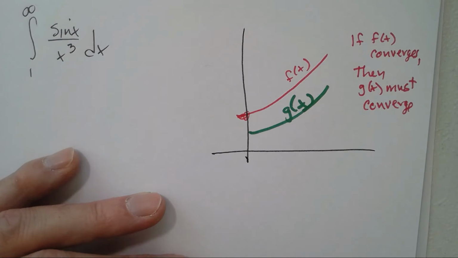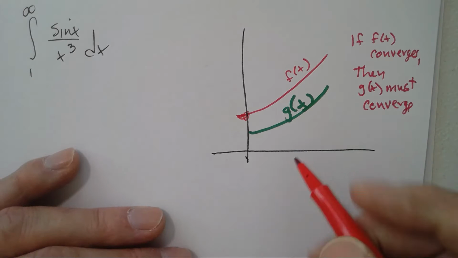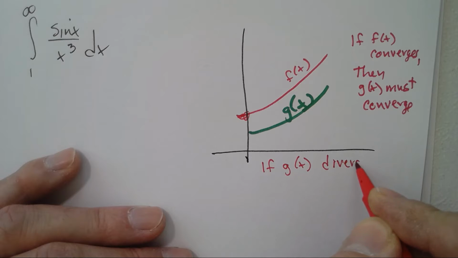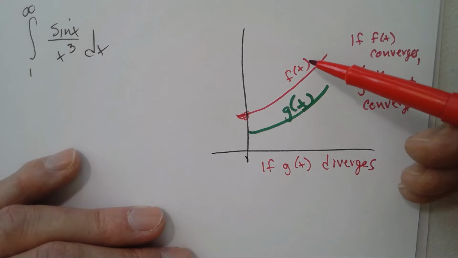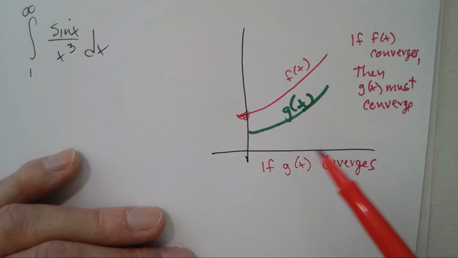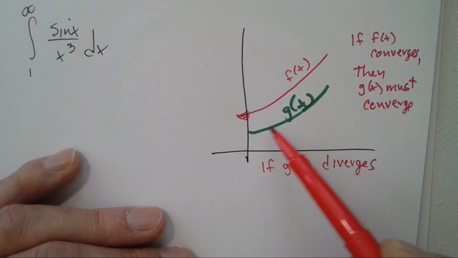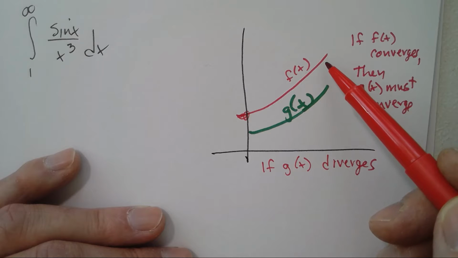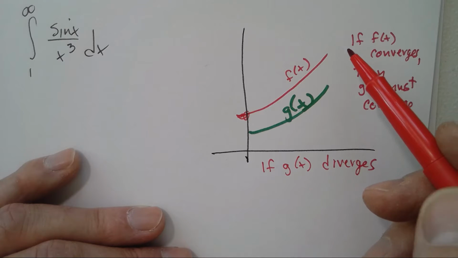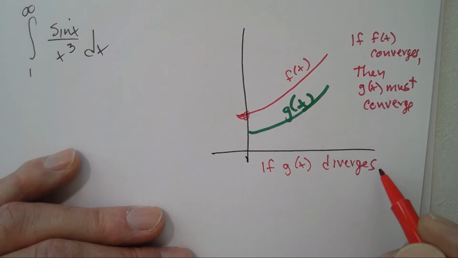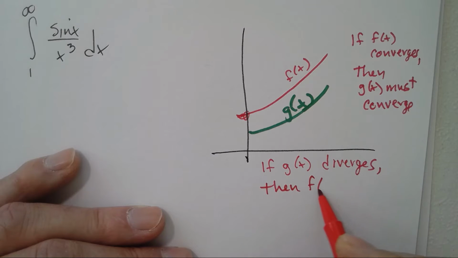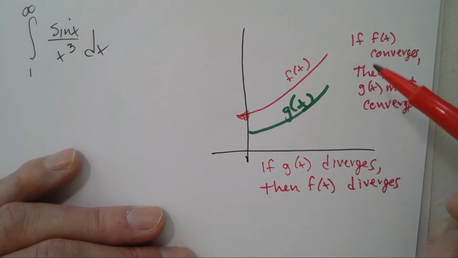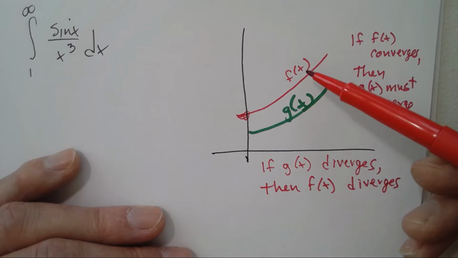The other statement is, if g of x diverges, and you're trying to figure out if f of x diverges, well, if this one goes to infinity, then certainly anything bigger than it will also go to infinity. So if g of x diverges, then f of x diverges, because it's bigger than g of x. So you're comparing two different functions.